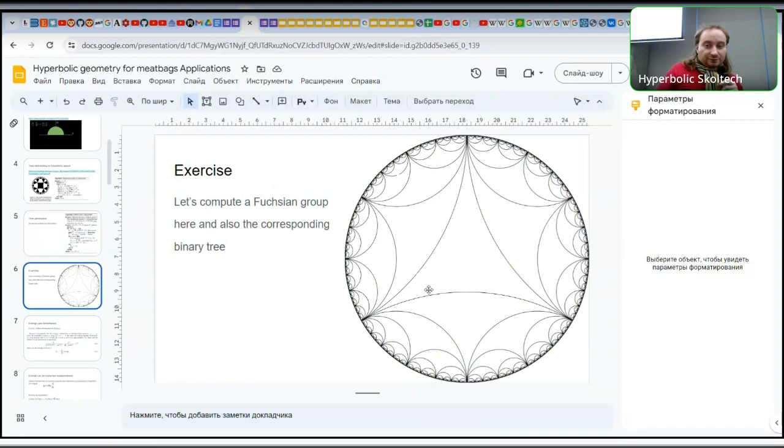First of all, let us compute some function group for this tessellation of ideal triangles.